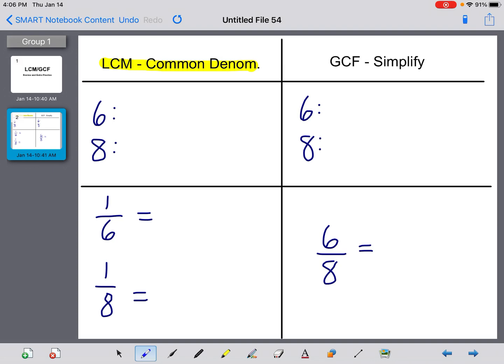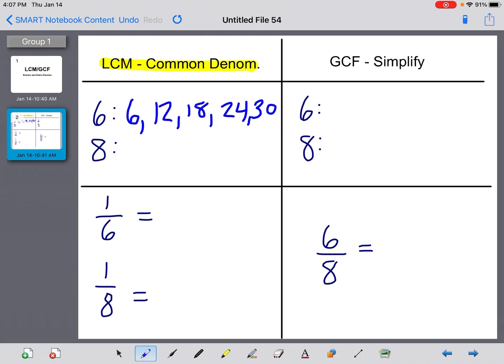So remember, multiple should make you think multiplying. So you should take the original number and multiply it by 1. So 6 times 1 is 6, 6 times 2 is 12, and you keep going and multiplying that number, or you could think just like skip counting, counting by 6s. 6, 12, 18, 24, 30.